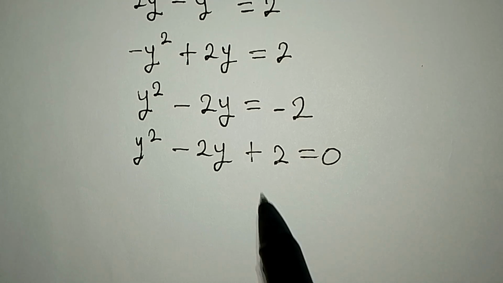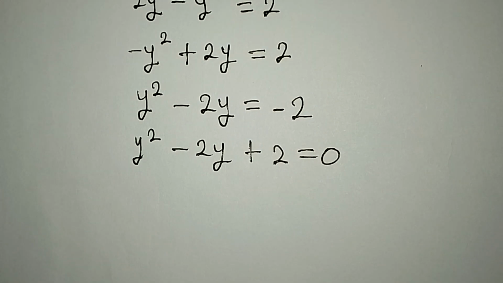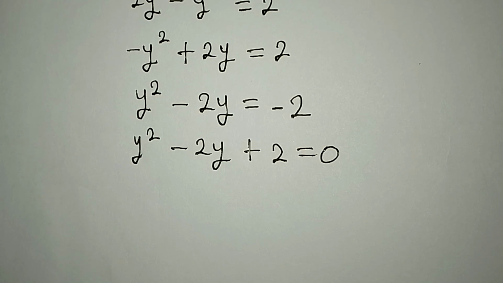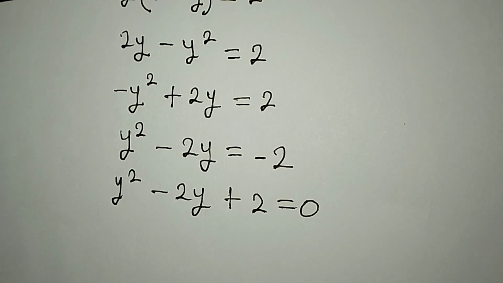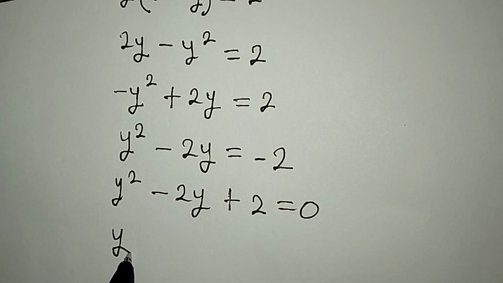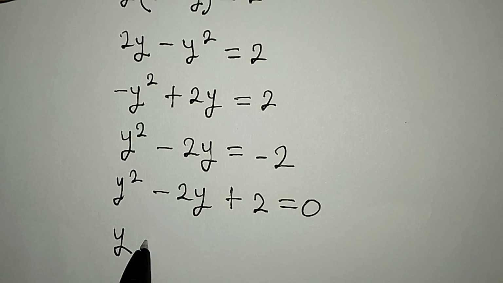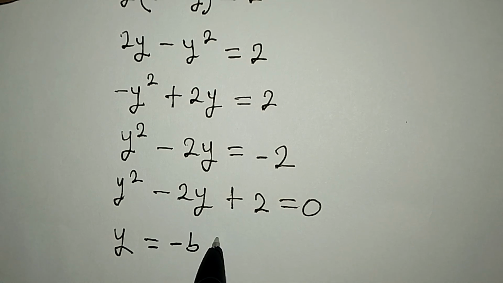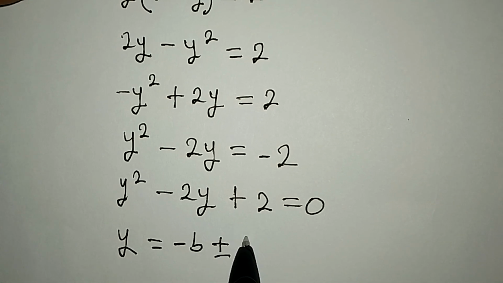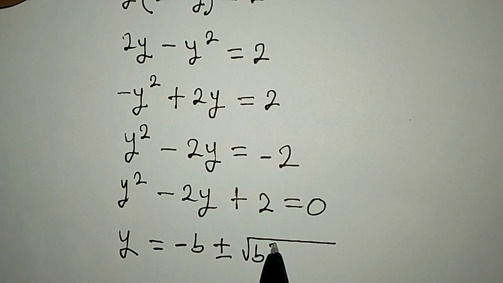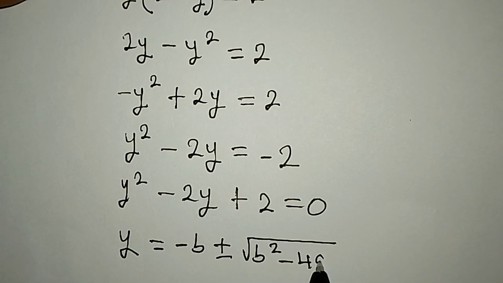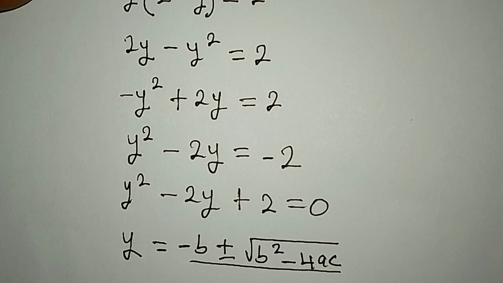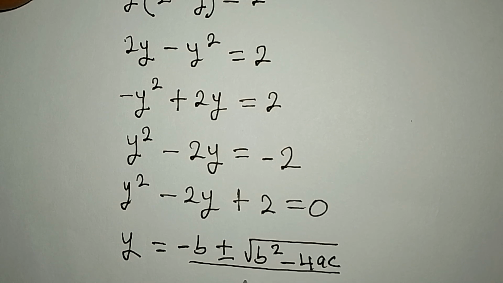What do we do from here? This is now a quadratic equation, and we can solve this by using the formula method. For the formula, y is what we are looking for, so it becomes the subject. So y will be equal to minus b plus or minus square root of b squared minus 4ac, and the whole of this over 2a.